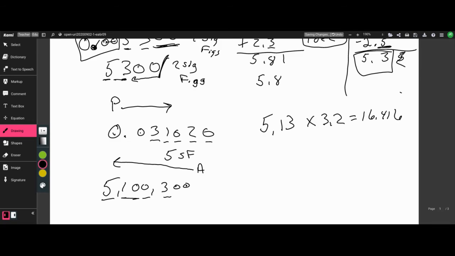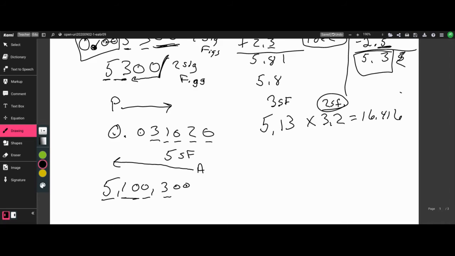Now, the 5.13 has 3 significant figures. There are no zeros, so every number is significant. The 3.2 has 2 significant figures. My final answer has to have the same number of significant figures as the factor that gave it the least number of significant figures. So the least would be 2. So my final answer can only have 2 significant figures.